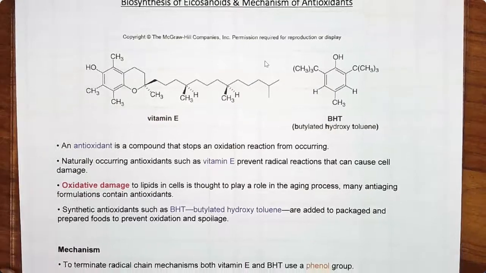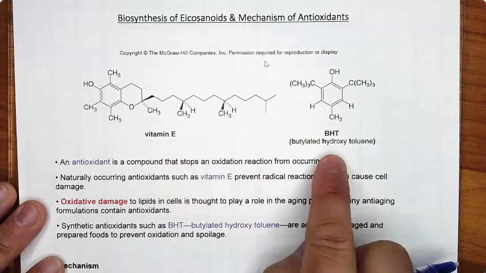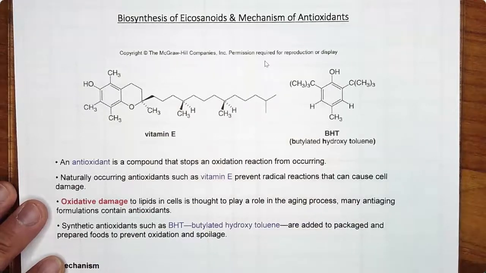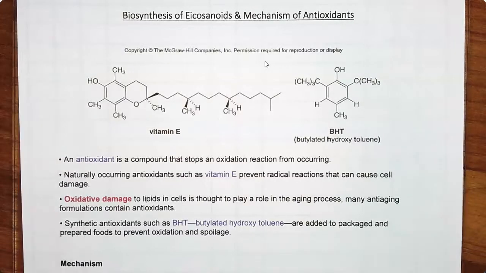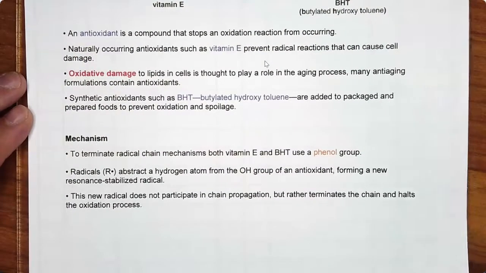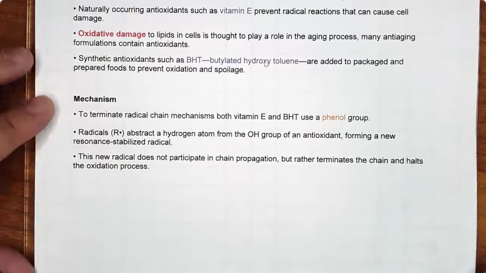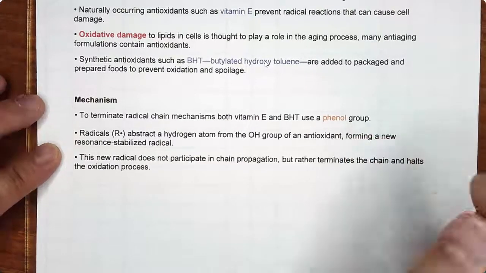It requires the phenol group of vitamin E or BHT to react with an oxidant, or a free radical, and the resulting phenol radical is very stabilized, and it doesn't participate in any propagation steps. So I have that bulleted here. To terminate radical chain mechanisms, both vitamin E and BHT use a phenol group.